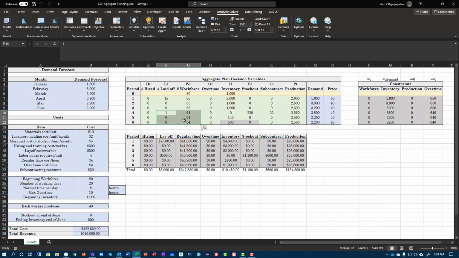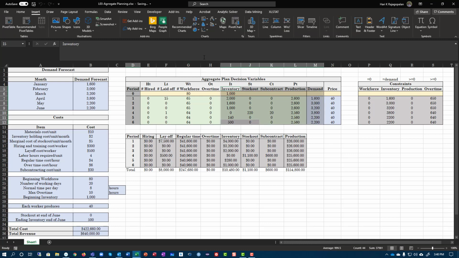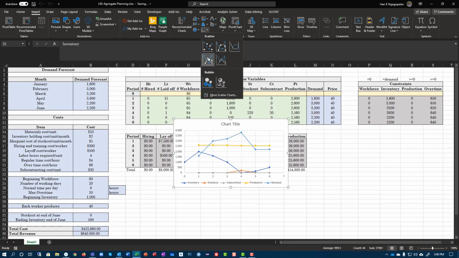It is probably a good idea at this point of time to start looking at preparing graphs. So the first graph is to do with the inventory, stock out, production, and demand. So let's go here and create a chart, and we can do a scattered chart with these lines.